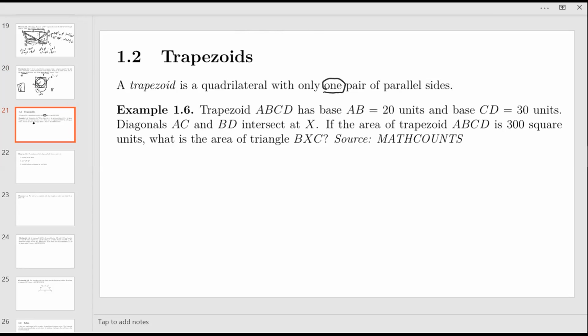So in this example, we have AB to be 20, and then base CD to be 30.